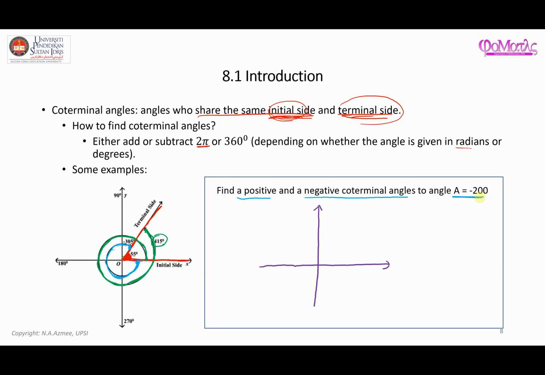Negative 200 means it starts from this point going in this direction, following the clockwise rotation. It passes 90 degrees and 180 degrees and further up a bit. So this could be our angle, which is negative 200 degrees.